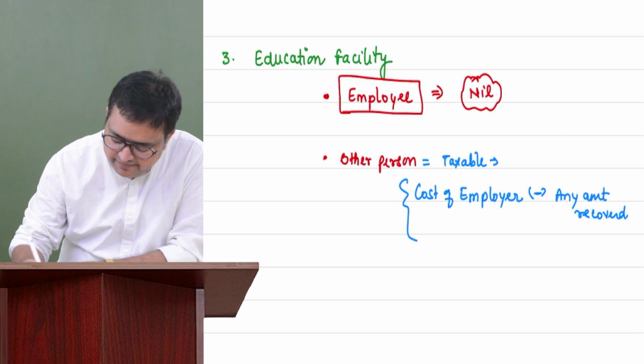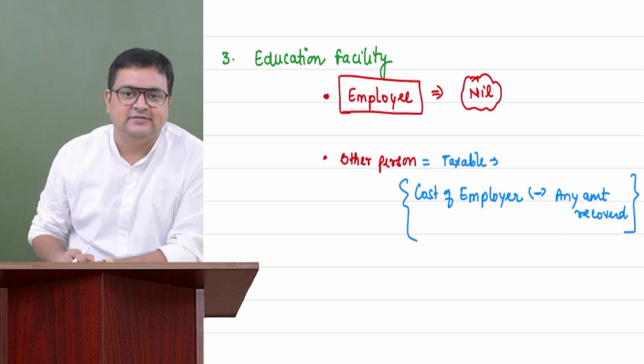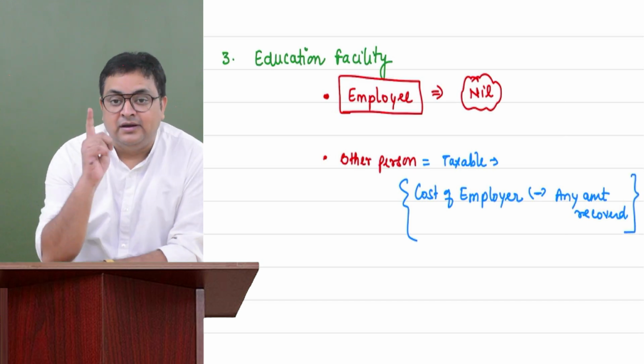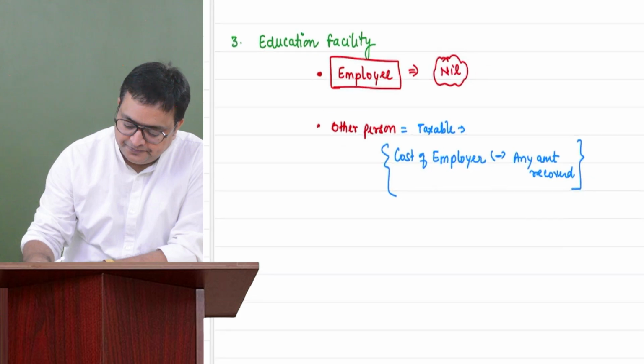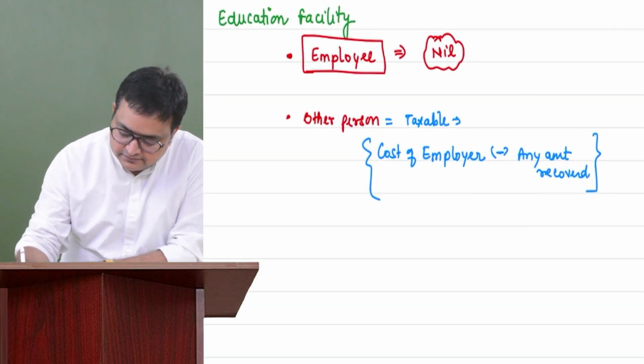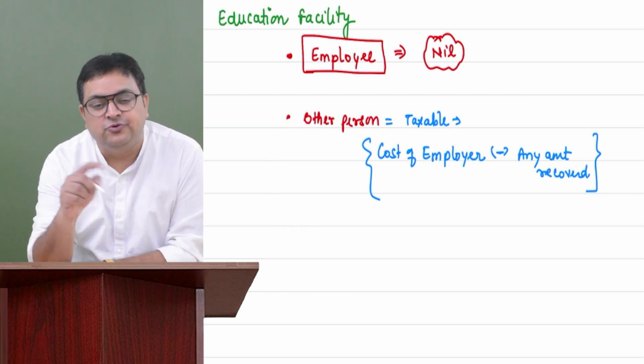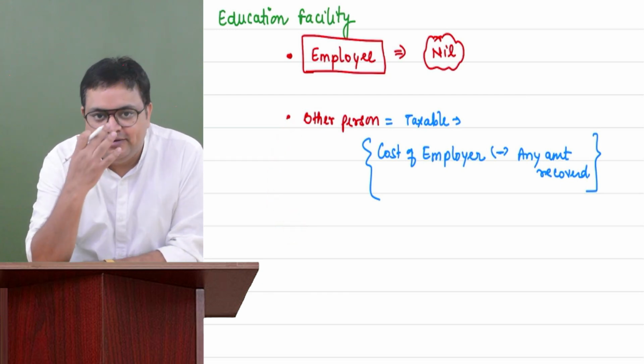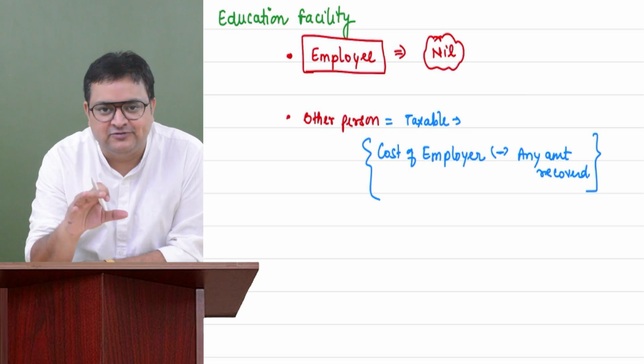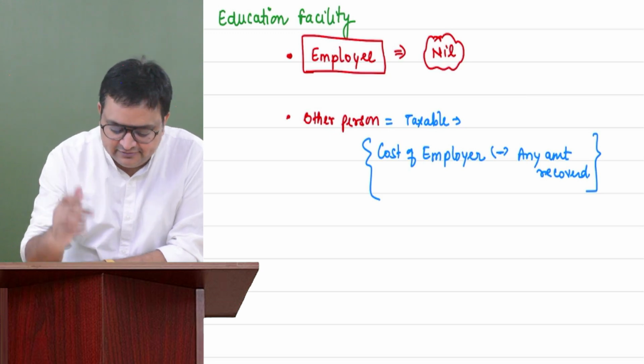You will get the benefit. Make this benefit taxable. Correct. Last point, which is important: if this education is provided in the employer's own college, own institution, own school, where the employer is the owner of this school or college or institution, whatever the case may be.